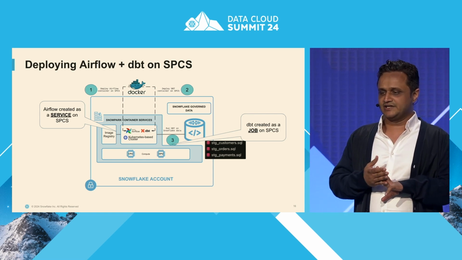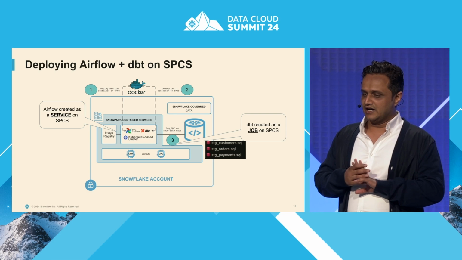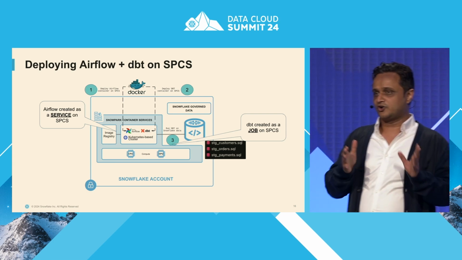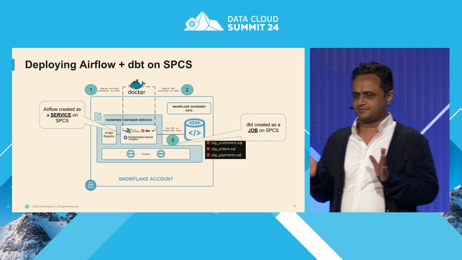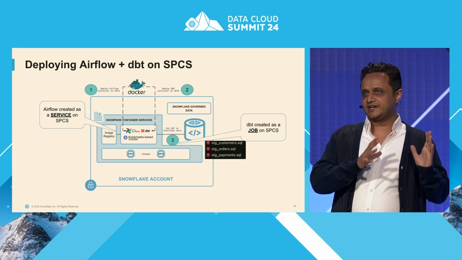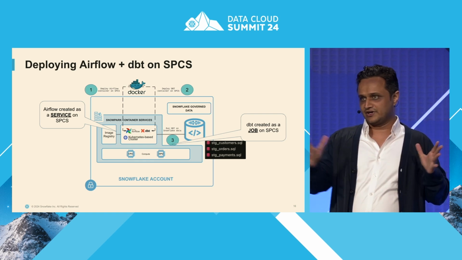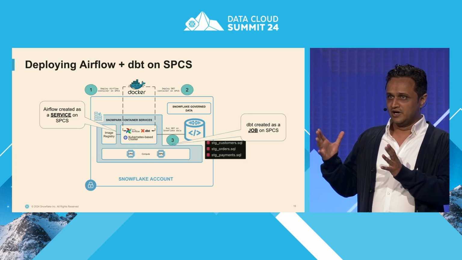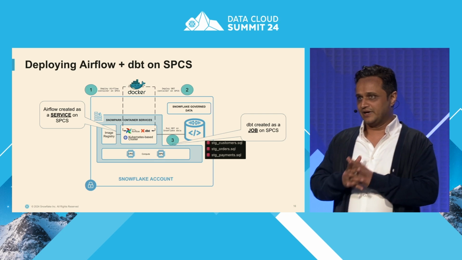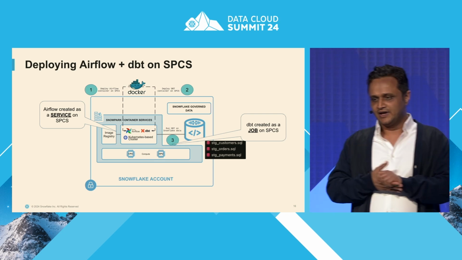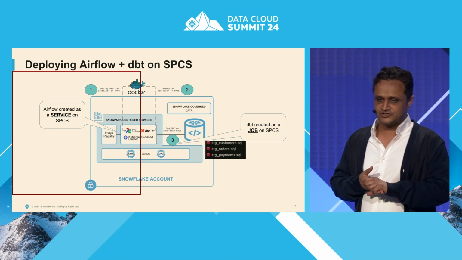And number 3 is you create a job on top of DBT on SPCS. So Airflow is created as a service, which is a long-running service. And the DBT part is a job which is triggered whenever you want to trigger an event-based pipeline.